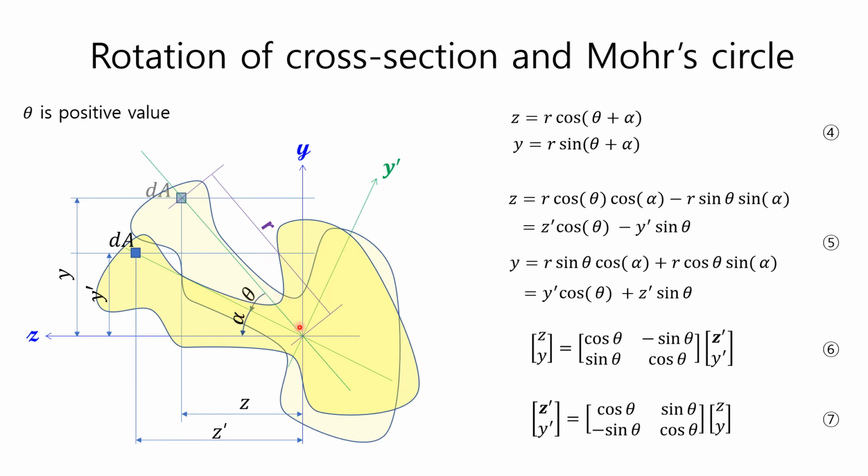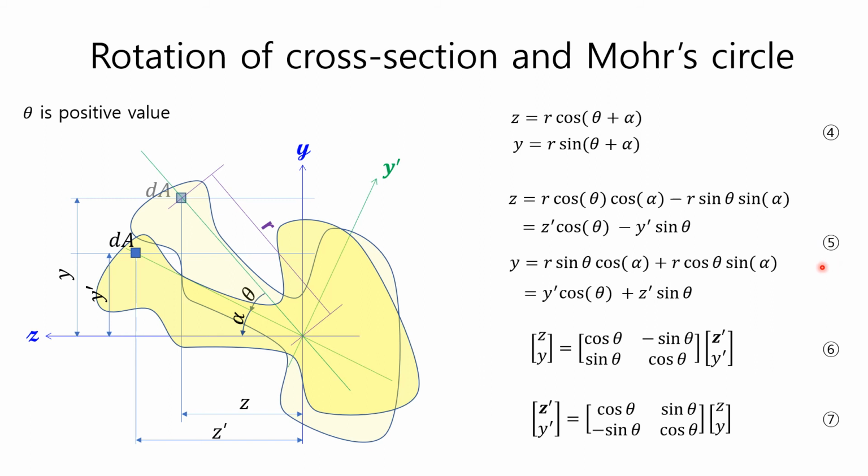If the straight distance from origin to the small area is r, the coordinates before and after rotation can be expressed as equation 4. Therefore, if we arrange this, we can get equation 5.